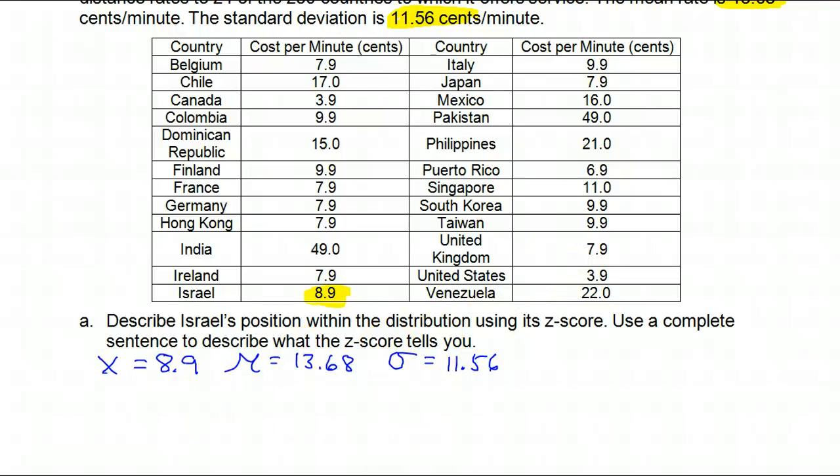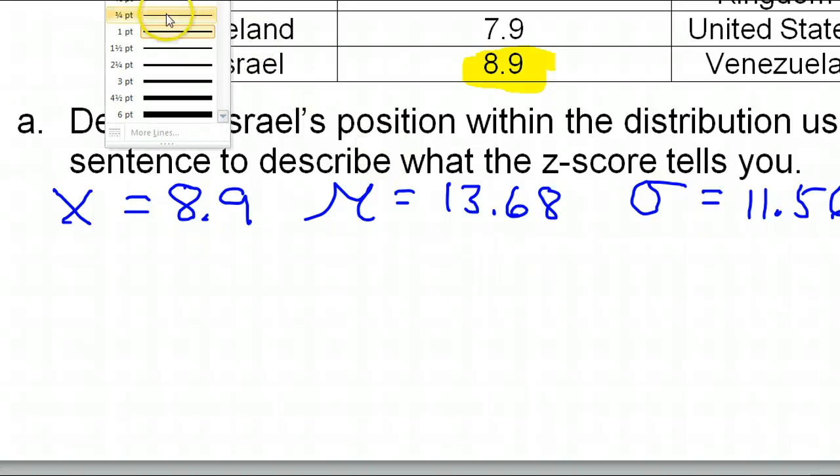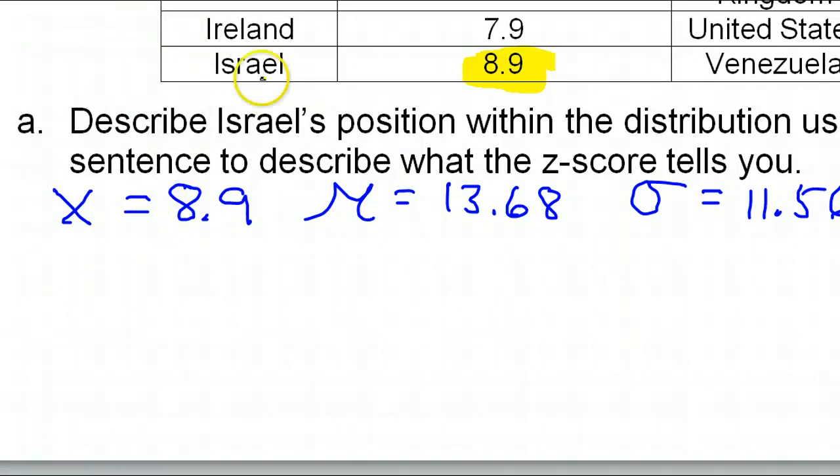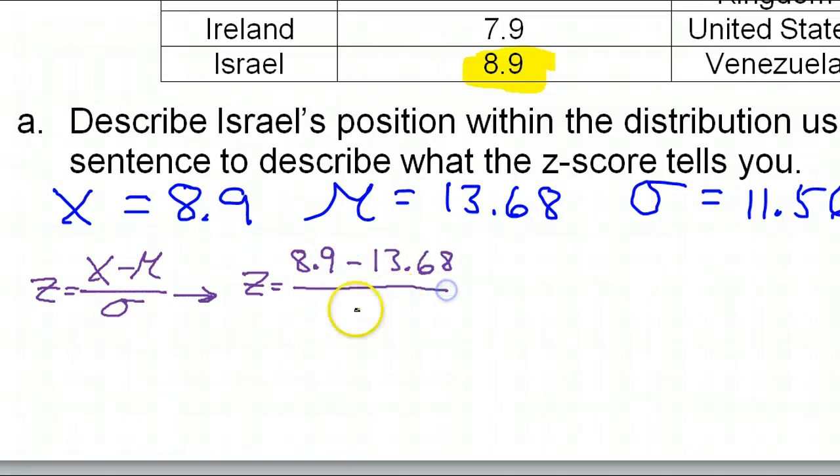Now let me zoom in and calculate the z-score. The z-score is the value minus the mean, divided by the standard deviation. So the z-score is 8.9 minus 13.68, divided by 11.56.